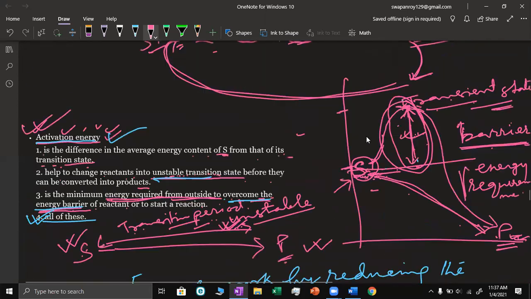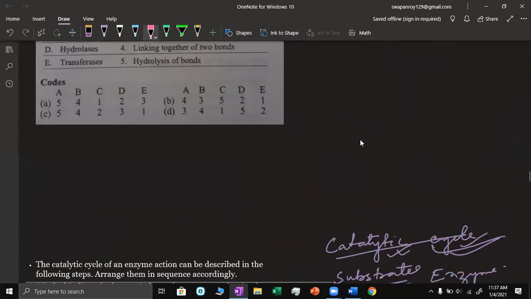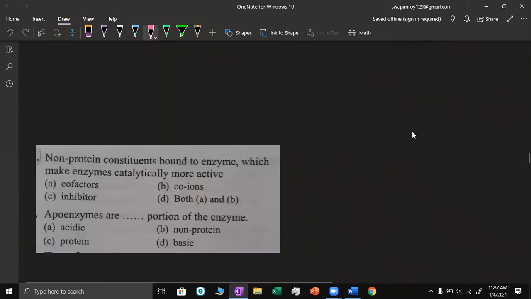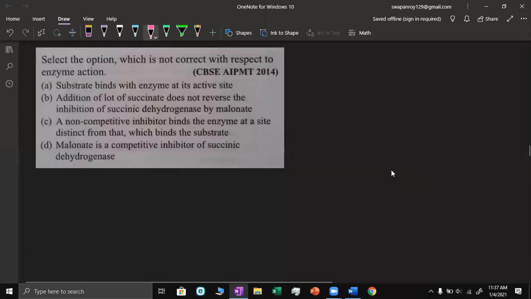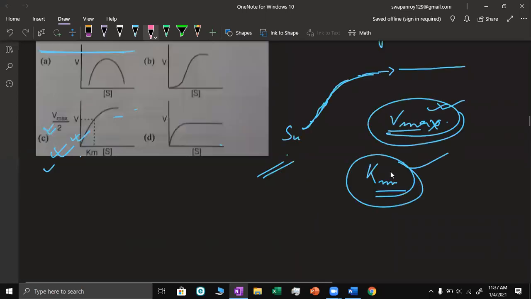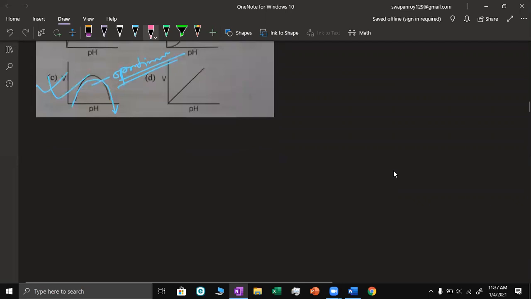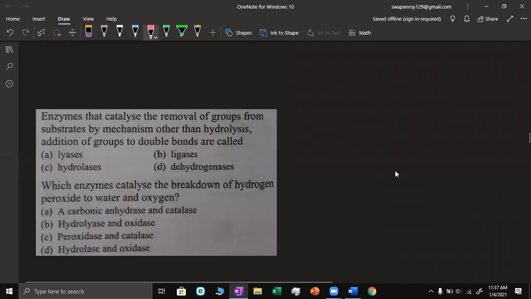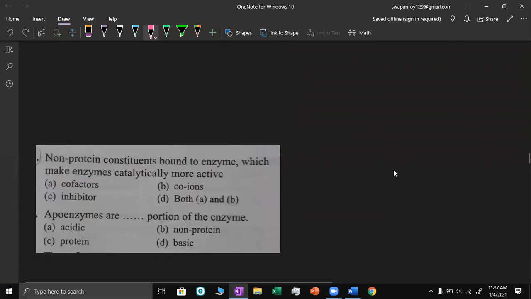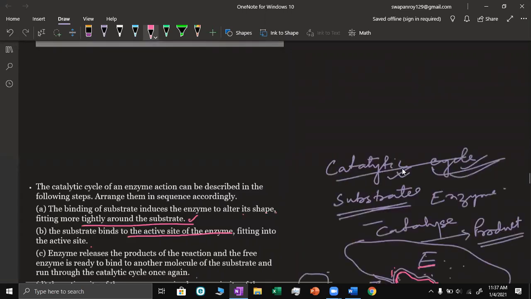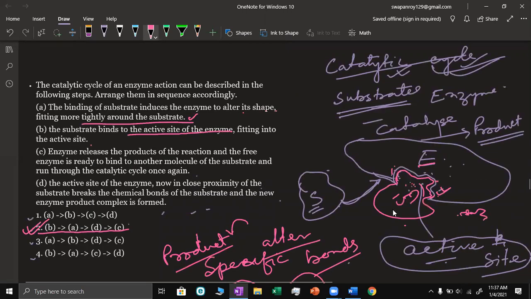Sometimes some other chemical compound having a similar molecular structure may compete for the enzyme.